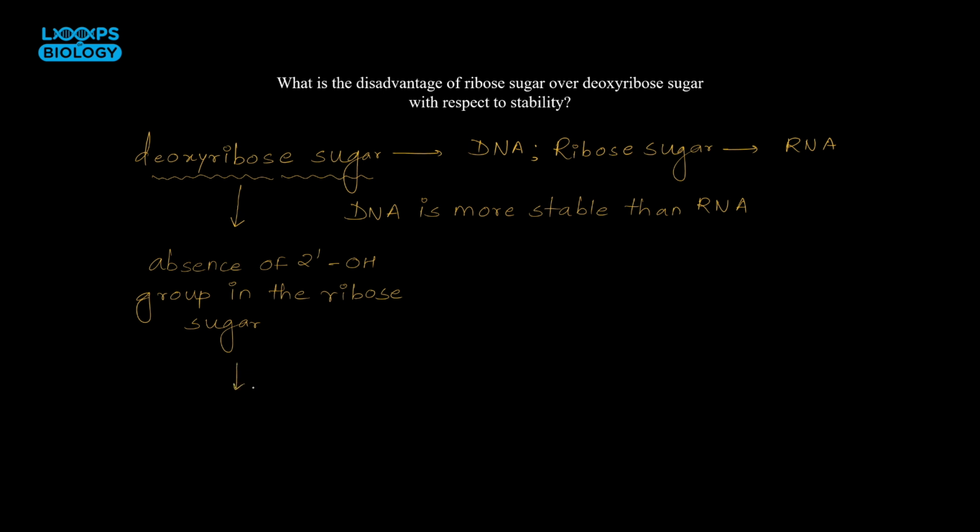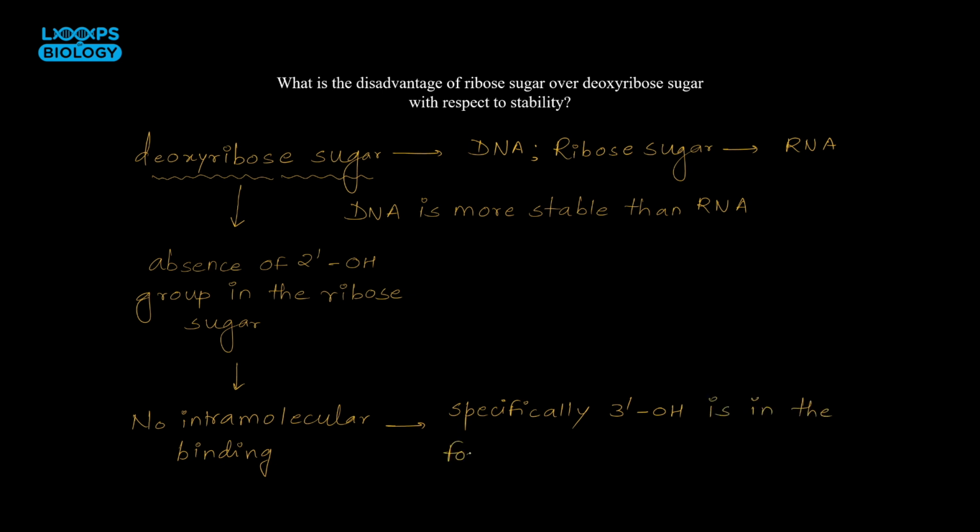So there is no intramolecular binding, and specifically the 3' hydroxyl group is involved in the formation of which bond, guys? That is nothing but the phosphodiester bond. So it was completely involved in the formation of the phosphodiester bond.